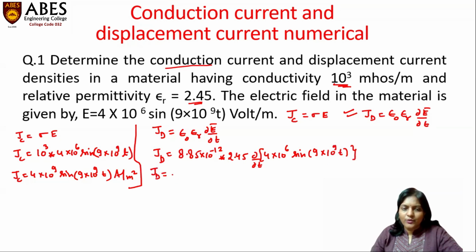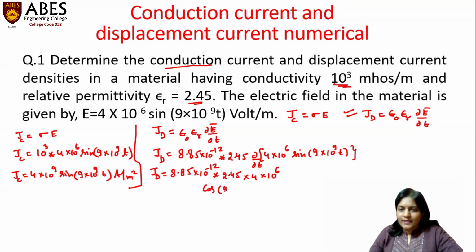So Jd is equal to 8.85 into 10 to the power minus 12 into 2.45. And for differentiation, this is the constant, it is outside the bracket. 4 into 10 to the power 6 del over del t of the sine. It will be cos 9 into 10 to the power 9 into t. Now we will differentiate the function of t. It will be 9 into 10 to the power 9.